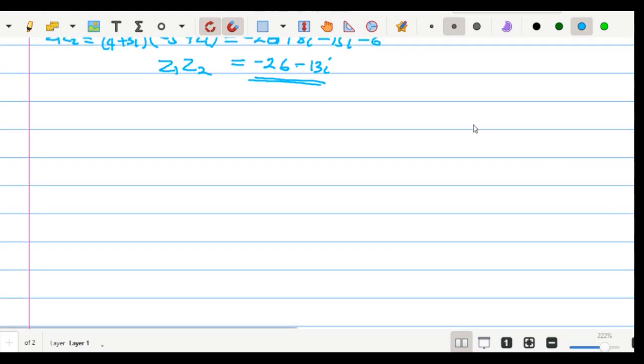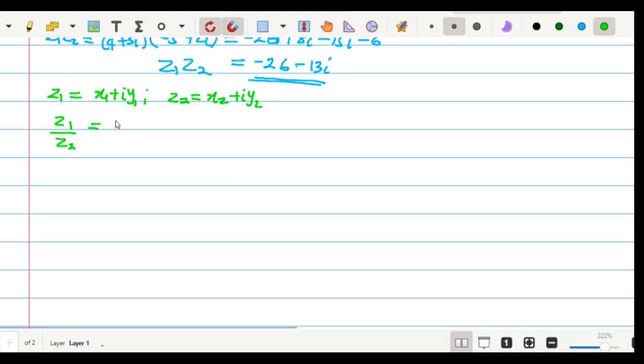division of complex numbers. Alright, in our generalized term, we have z1 to be x1 plus iy1, and then we have z2 to be x2 plus iy2. Then let's divide z1 by z2.